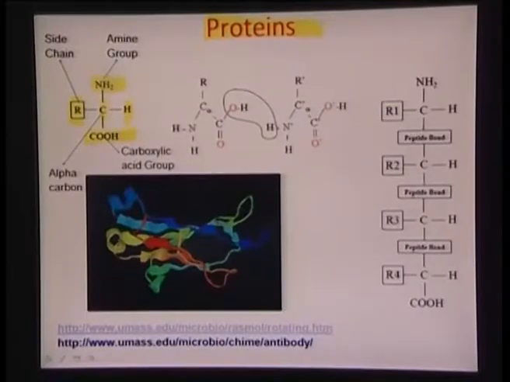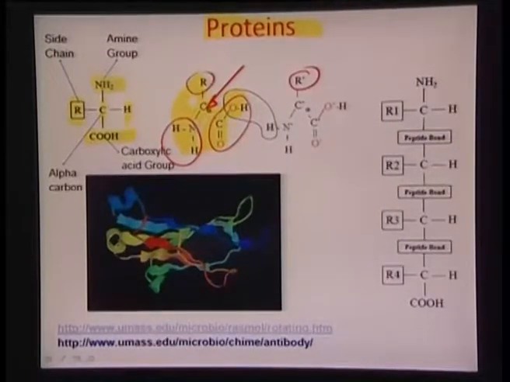The way these amino acids bond together is through amide bonds. Let us say this is one of the amino acids with the alpha carbon here, the amine group, and the carboxylic group, the COOH. The other amino acid also has a side chain, let us say R dash, and here it is R, and this alpha carbon is connected to an NH2 and also a COOH.